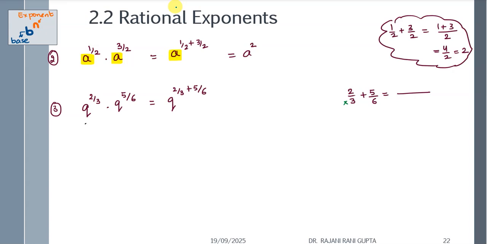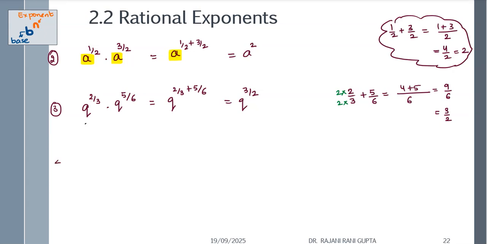You multiply 3 by 2 to make it 6. So this gives you 6 in the denominator. You get here 4 plus 5, which is 9 over 6. Is it in the lowest form? No. You can write it as 3 over 2. Okay, so this gives you q to the power 3 over 2. This is the lowest form.